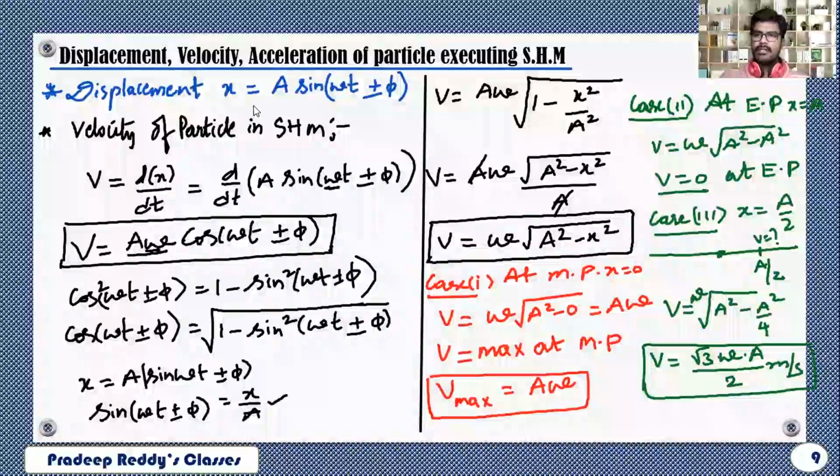Taking the basic equation and differentiating it with respect to time, you will get velocity. Just making some small modifications, you will get the equation for velocity in terms of position x. And at different positions, you can calculate velocity by using this equation.